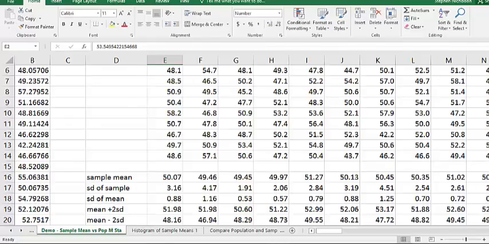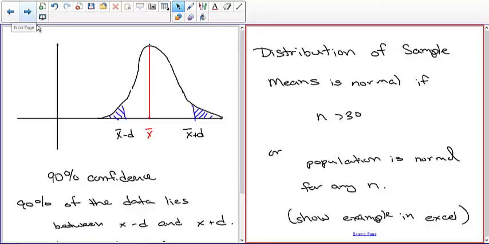And they came up with this relationship. Looking at the sample means, not the sample data, it turns out that we can use this procedure if this thing is normal, meaning it has a normal shape, like a bell-shaped distribution, if the number of data points is greater than 30, or if the population is normal.